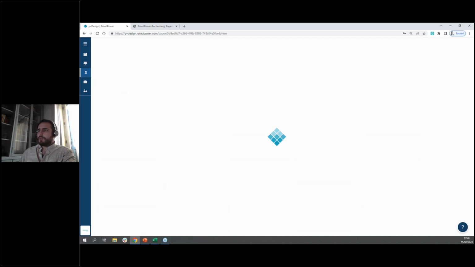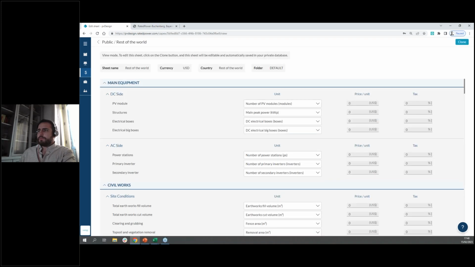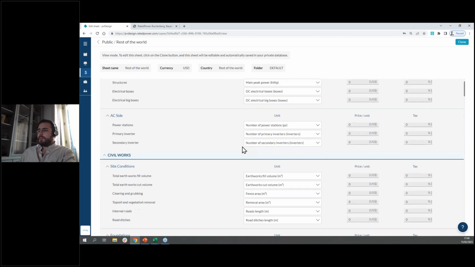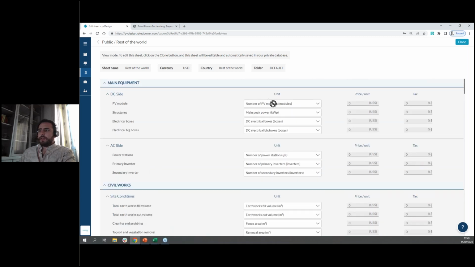So let me use this one, for example, here. This CapEx template is empty, so we have no prices, but it's based, we can see, on the different equipment from the PV plant. So it's based on the bill of quantities.